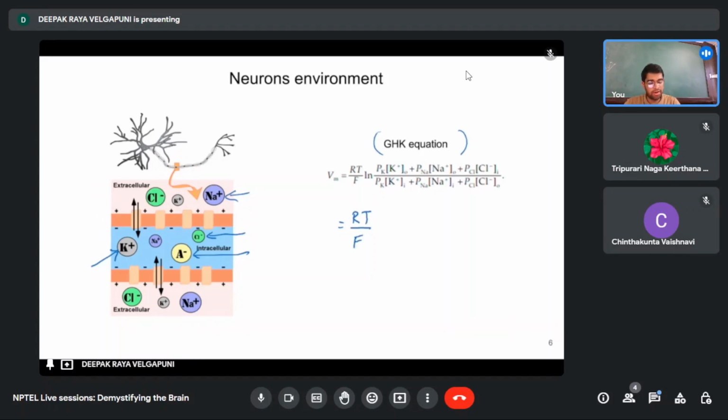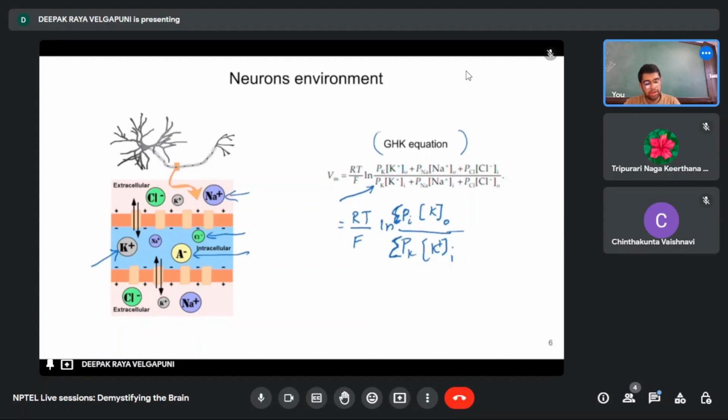F is Faraday's constant, and each P is a permeability and each ion concentration, o is outside, extracellular, and i is intracellular. There is a summation symbol just to make it simple, and this tells how a system with different permeabilities works. This permeability is dependent on the number of channels.